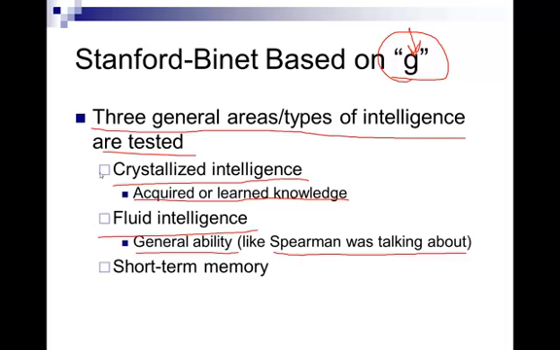And so basically crystallized intelligence is rather static in nature. We either learn it or we don't. Fluid intelligence can kind of ebb and flow. Very dynamic. And there's also something to do with short-term memory, how well you and I can remember facts and figures and things like that in the short term.